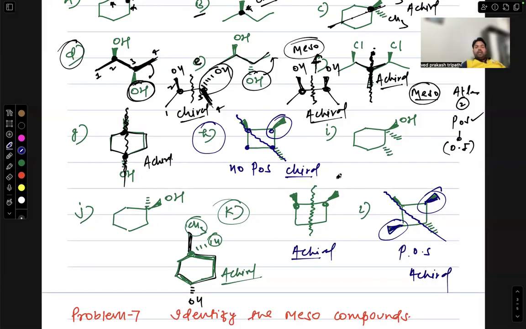Tell me everyone, any doubt? Now look at I, chiral center, chiral center. And again, there is no plane of symmetry. And no plane of symmetry means chiral. Make sense?